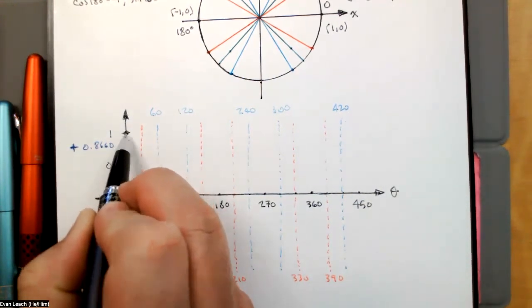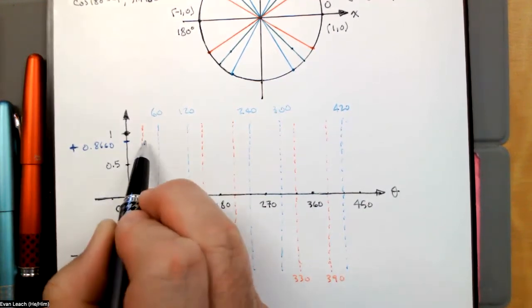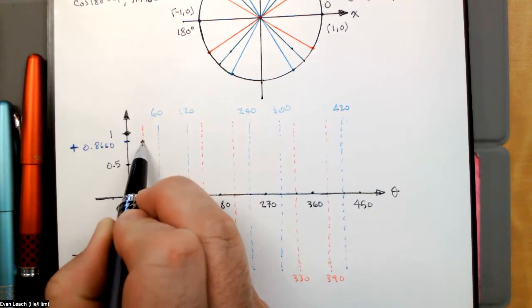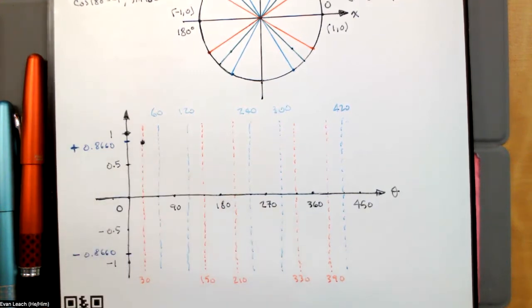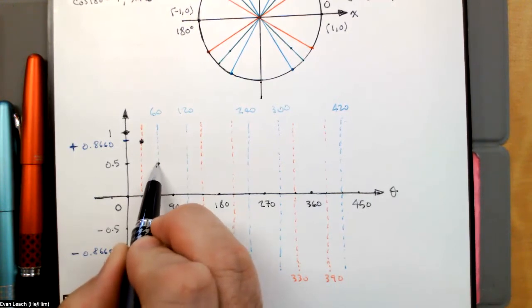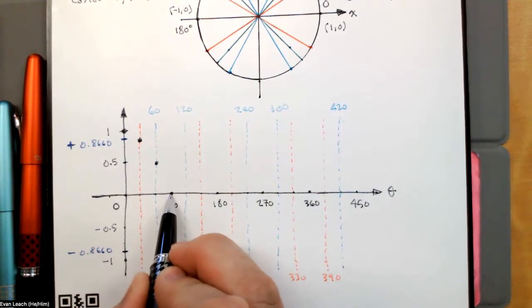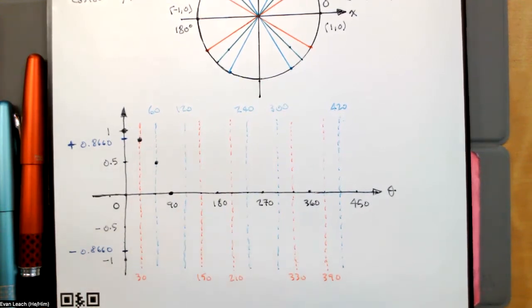Cosine of 30 is root 3 over 2, which is approximately 0.8660. Cosine of 60 is a half. And then cosine of 90 is 0. So we kind of have this roller coaster ride going down. It starts off flat at the top, and then it gets steeper as we go towards 90.